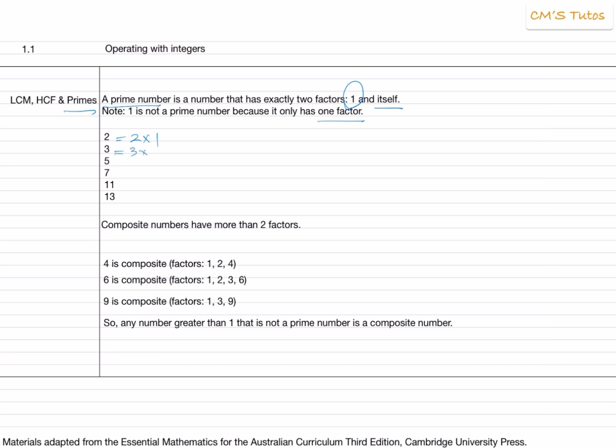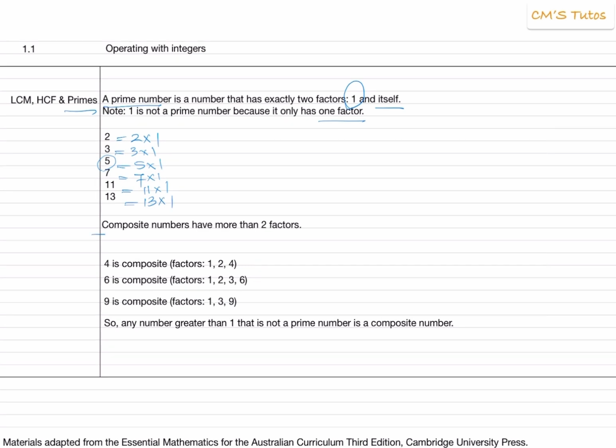Also 3, 1 and 3, is also a prime number. 5, 5 and 1, is also a prime number. Are there any other numbers that we can multiply to get 5? Not really. This is why we say it has exactly 2 factors, 5 and 1. The same goes with 7, 11, and 13.